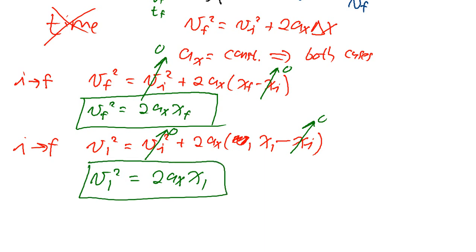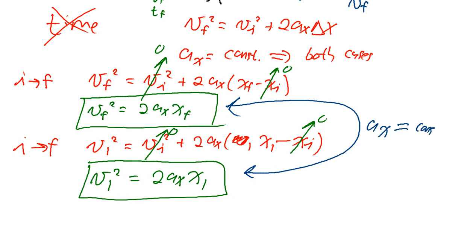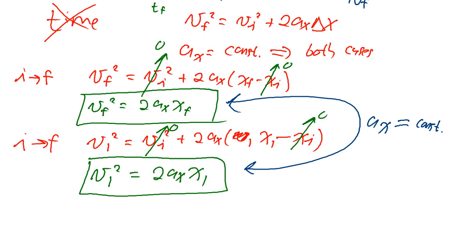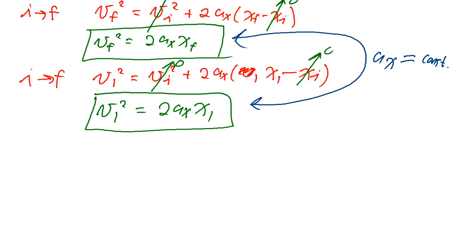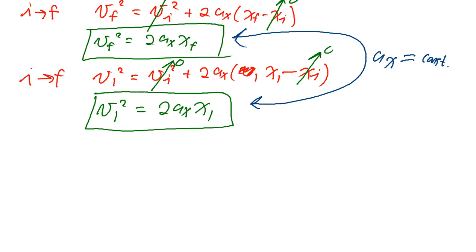The two cases have the same kind of motion, and the acceleration in the x direction is a constant. Even though we don't know that value, we can use that fact to eliminate the acceleration algebraically and solve for the relationship we're looking for. I'm going to take both boxed equations and solve them for the acceleration.